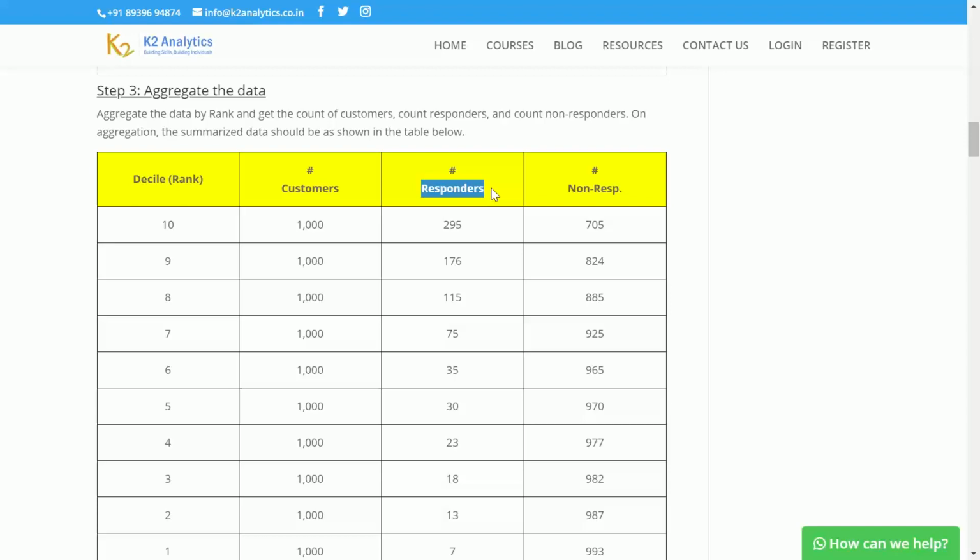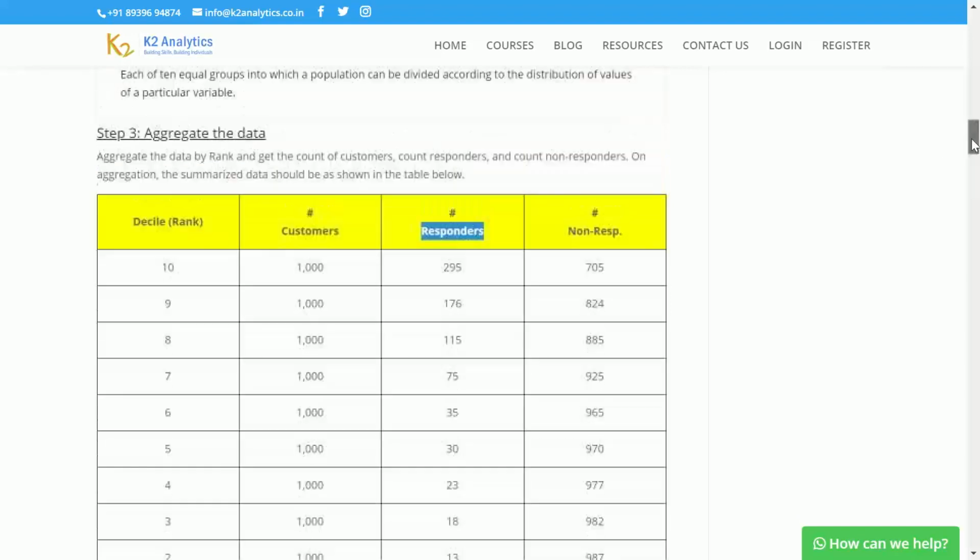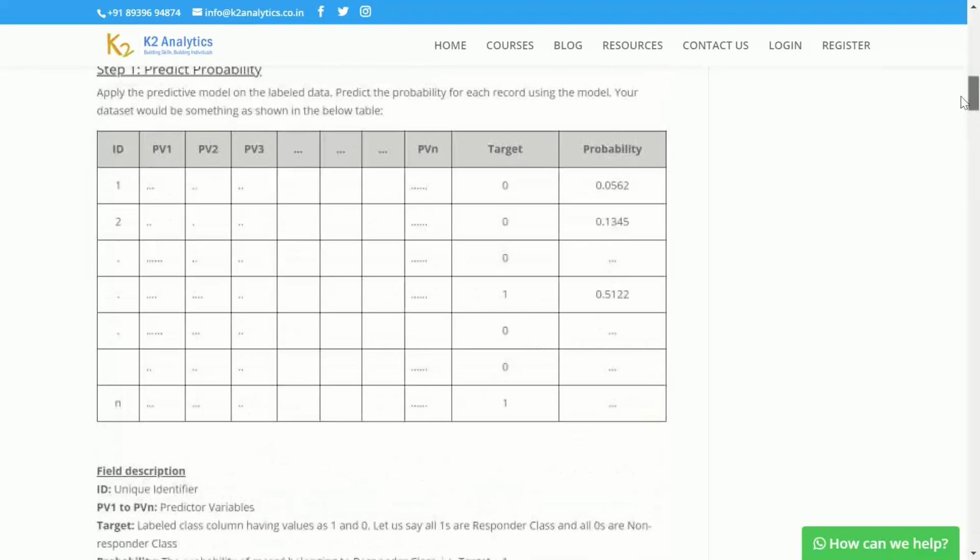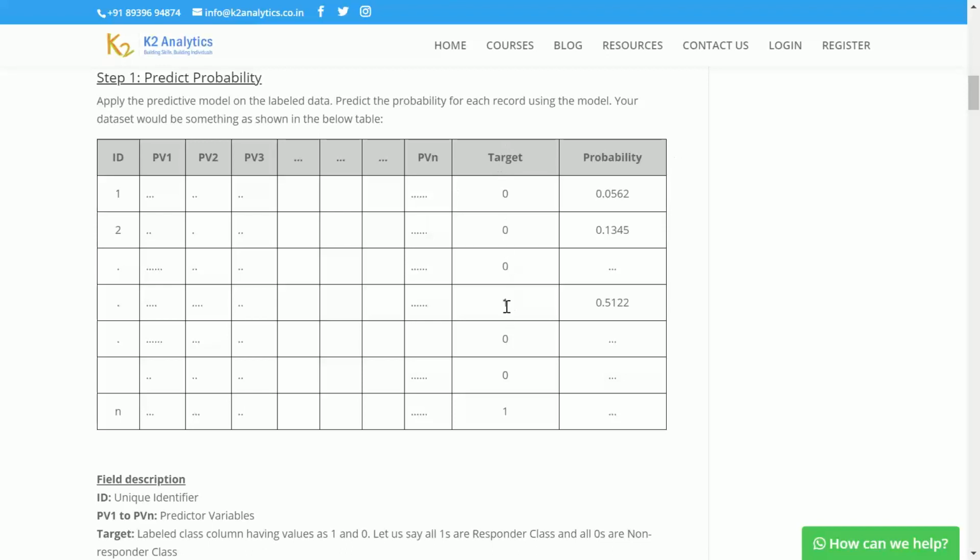Responders are those who are marked as 1 in the data set, who are marked as 1 in the target column. And the definition for non-responder for the sake of this discussion is, non-responders are those who are marked as 0 in the target column. So what I have done is, based on probability, we have created a rank column. So rank is equivalent to probability.